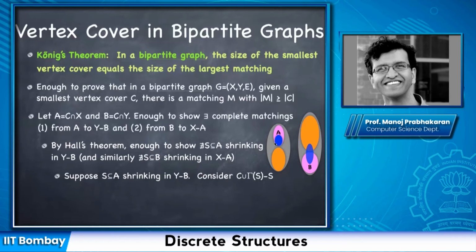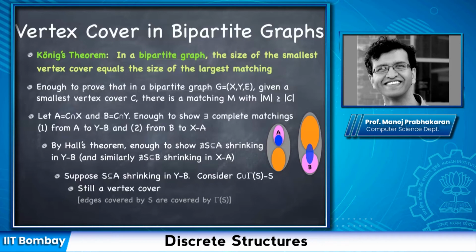So I took my cover, which is A union B, that's C. I added gamma S into it, and I removed S from it. So that is C union gamma S difference S.